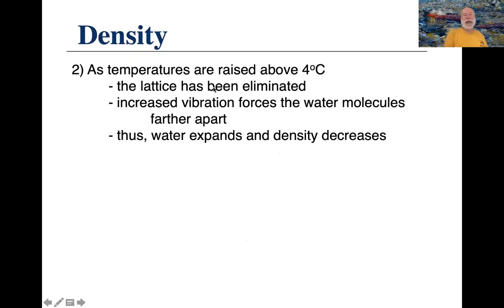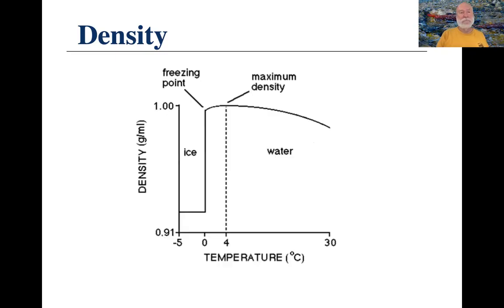Then as you raise the temperature up above 4 degrees Celsius, that lattice structure has essentially been eliminated, and the water molecules are vibrating more and more and more. And as a consequence, that forces the water molecules farther apart. And a consequence of that is that water expands and the density of the water decreases. So the density of water decreases up above 4 degrees Celsius.